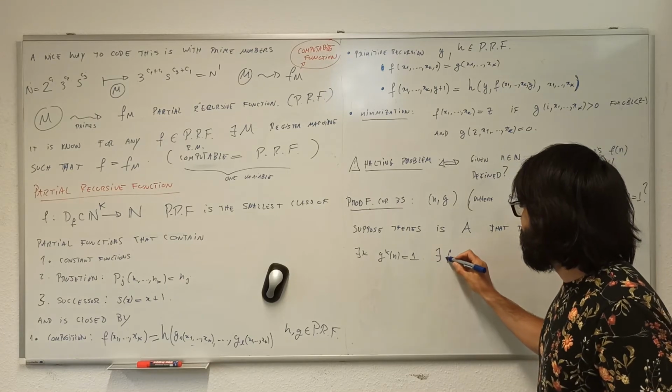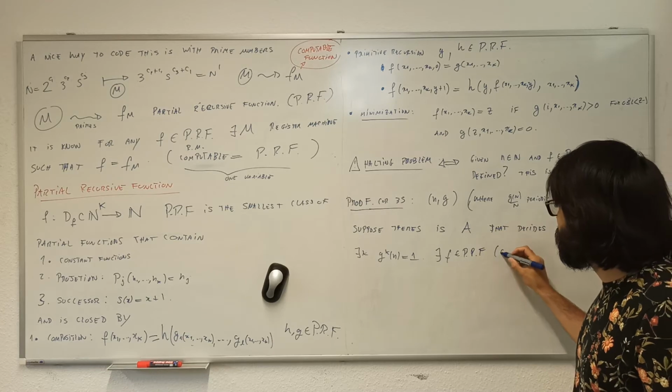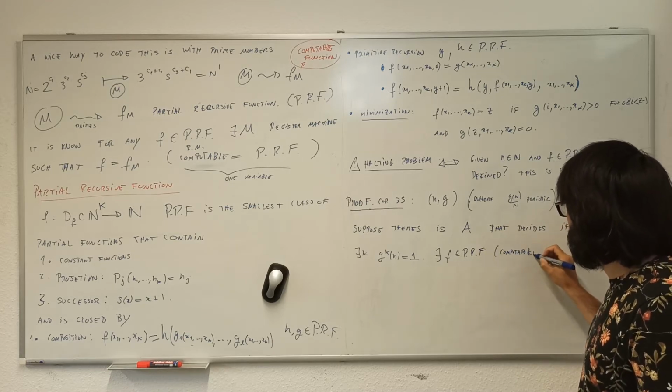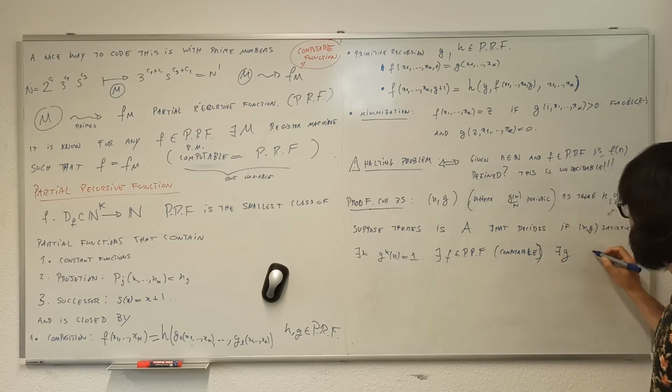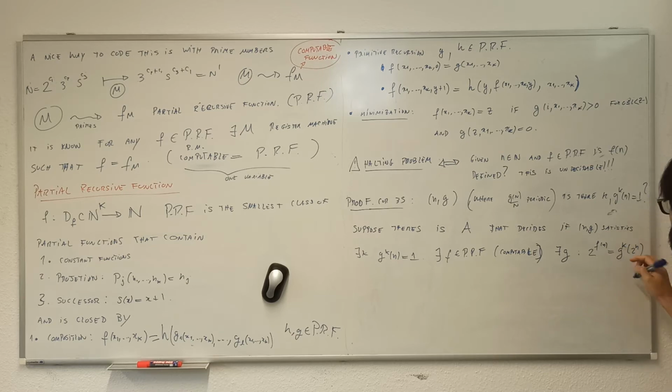So for any partial recursive function f, which is the same as being computable, there is a G such that we have this realization, where K is chosen to be the first K greater than or equal to 1 such that this is a power of 2, otherwise this is not well defined.